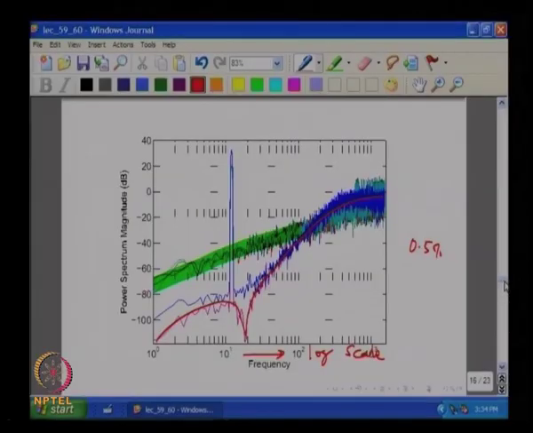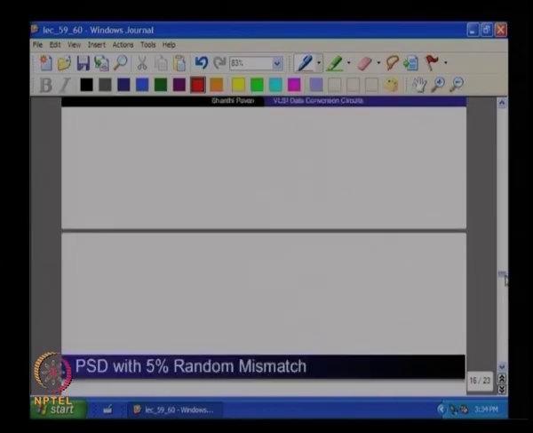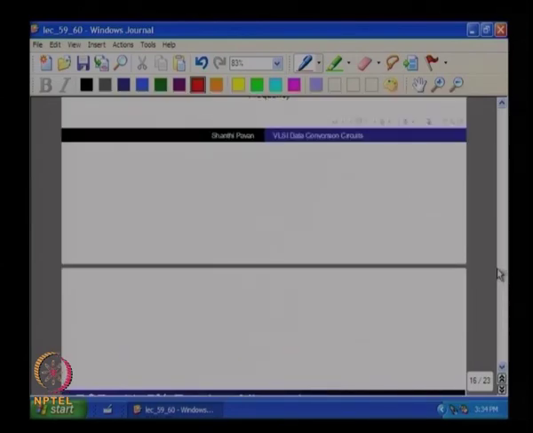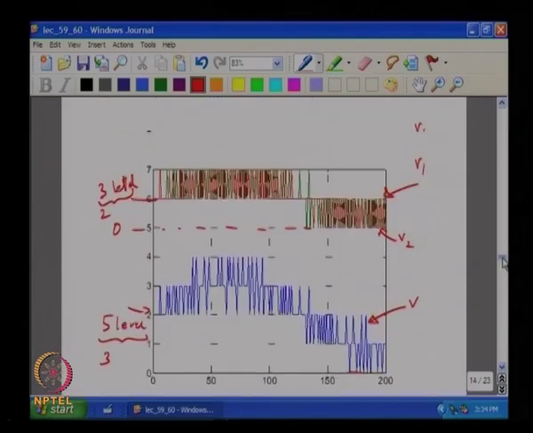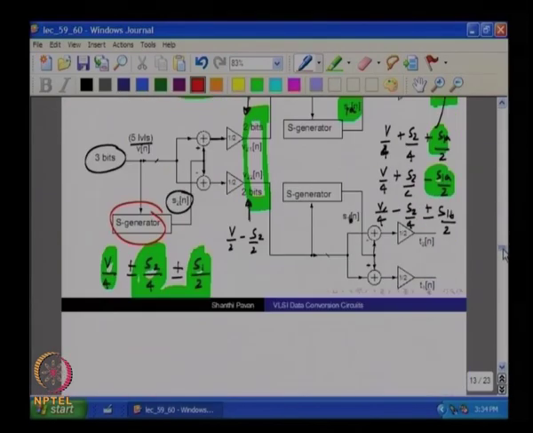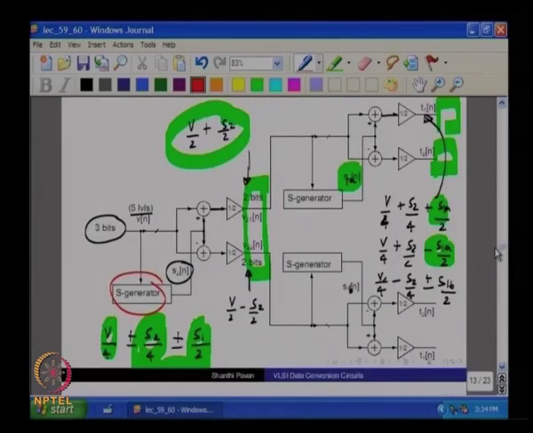So this line of investigation has been responsible for this tree structured mismatch noise shaping architecture, all right. And you can see that there is a logical progression between what we wanted to do and what we eventually did, correct.